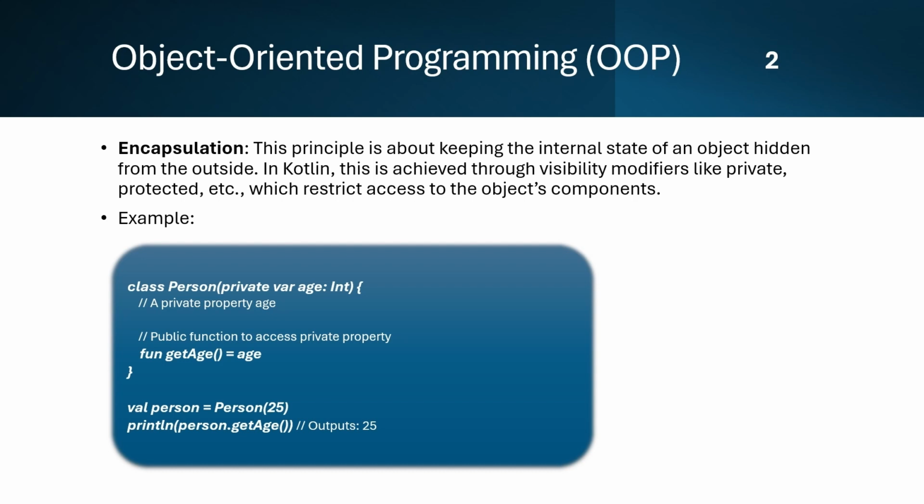As you can see, we declare the class person, and we have the variable age as private, and then we had to use a function, getAge, so that we can access this private property. Then we declare an object of the class, val person, and use getAge so that we can print the variable age.